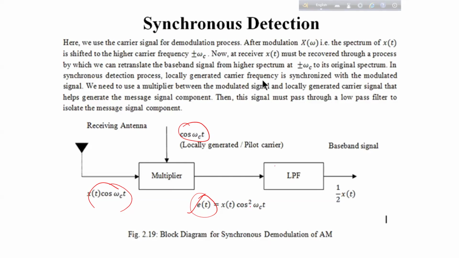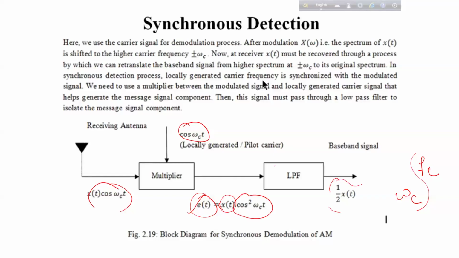The signal of omega_c or f_c will be cut off, and signals lower than omega_c will be allowed. x(t) is the low frequency signal, so x(t) will be allowed and this portion will be cut. So we will get half x(t).